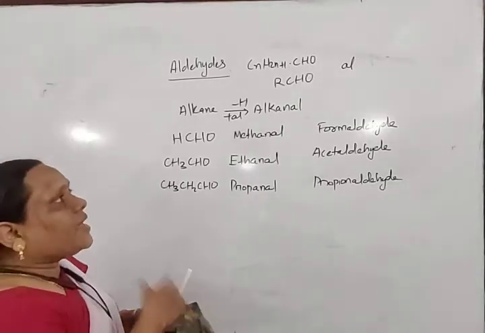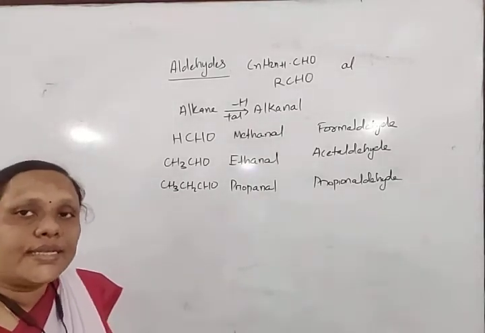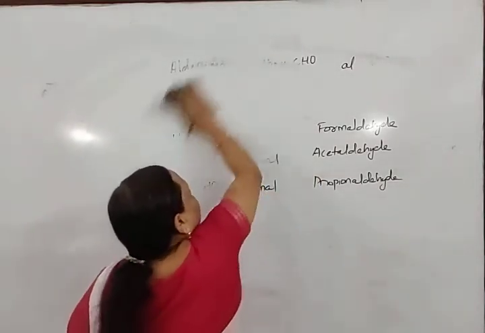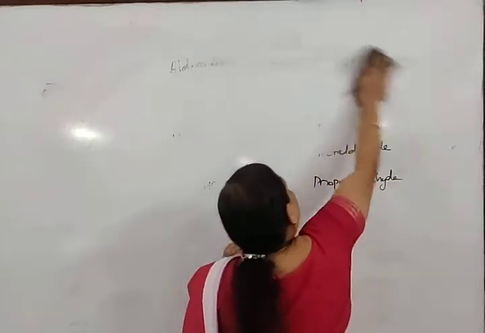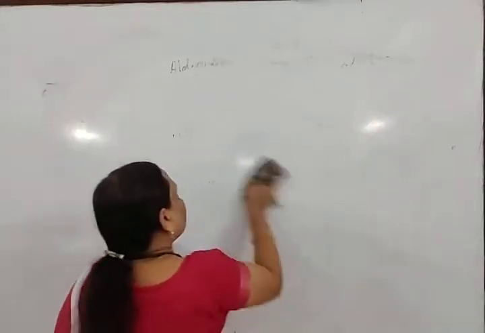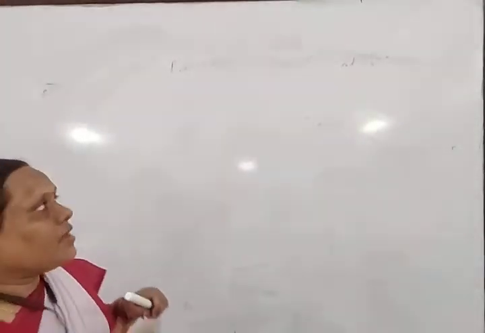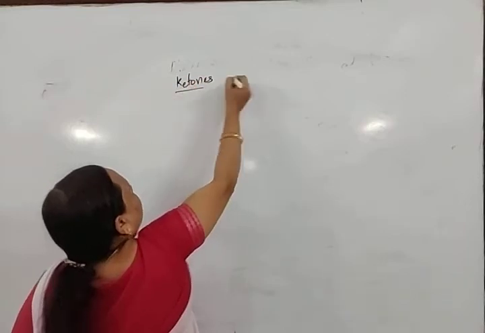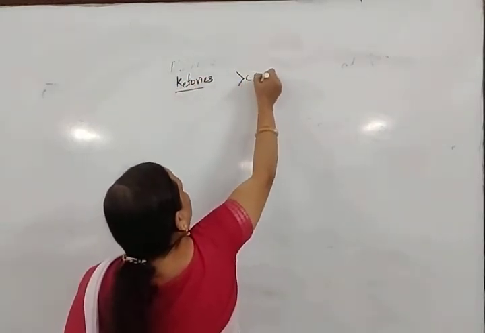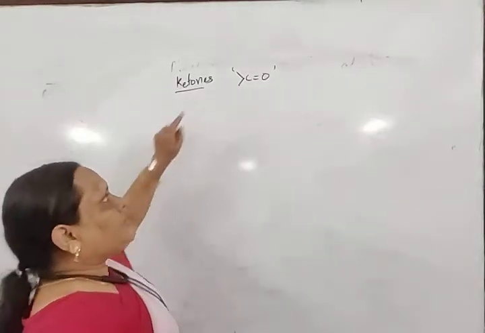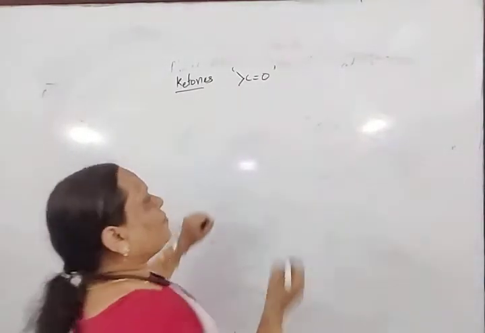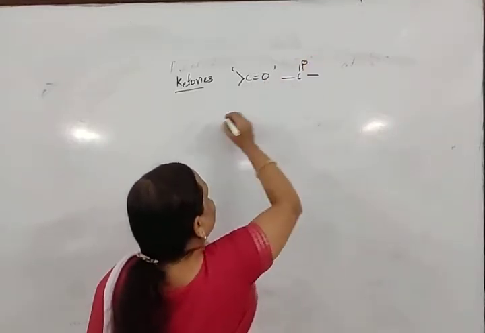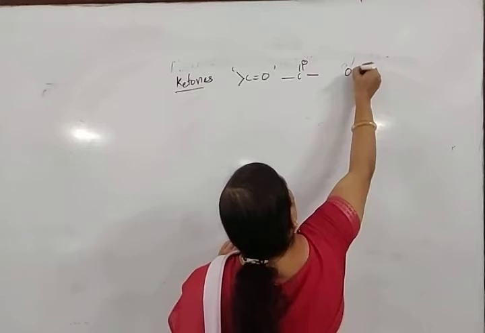Next, come to another class of compounds, that is ketones. After aldehydes, next come ketones. For ketones, the functional group is C double bond O, the carbonyl group, and the suffix is ONE.